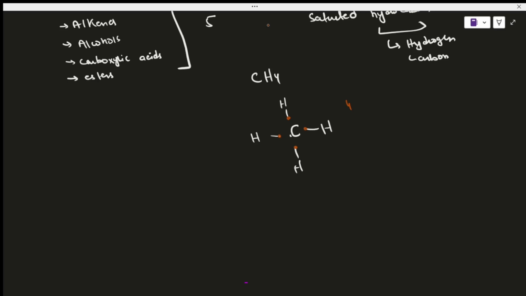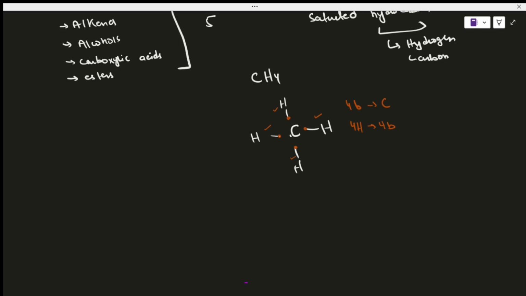So these are 4 bonds for carbon, and each hydrogen atom has made how many? A single bond. So 1, 2, 3, and 4. So 4 hydrogens have made 4 bonds.